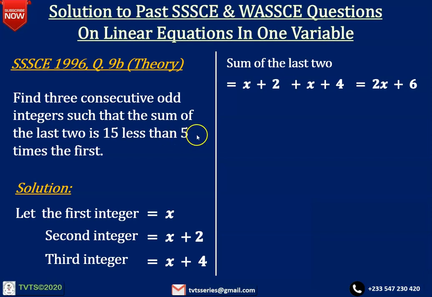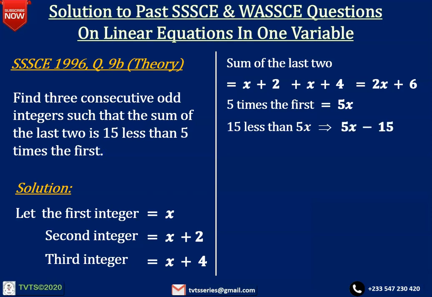Also, 5 times the first means 5 times x, which is 5x. And 15 less than 5 times the first means 15 less than 5x, which can be expressed as 5x minus 15.